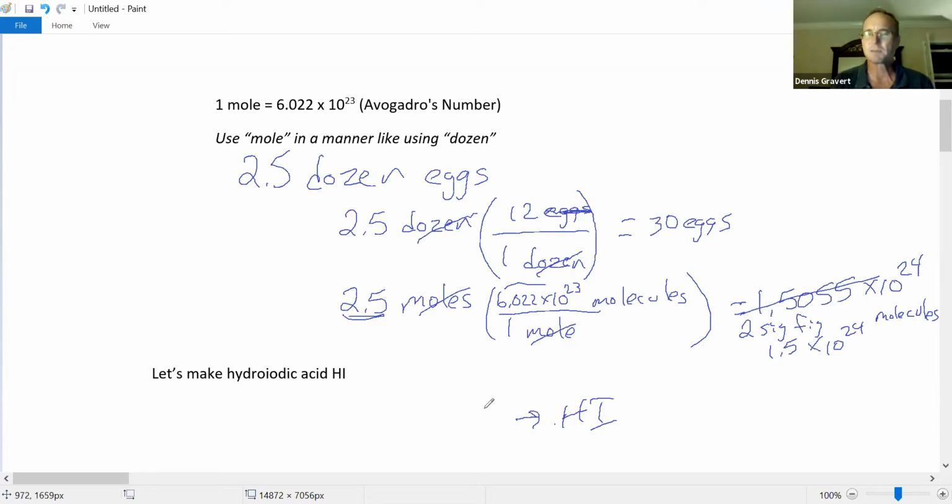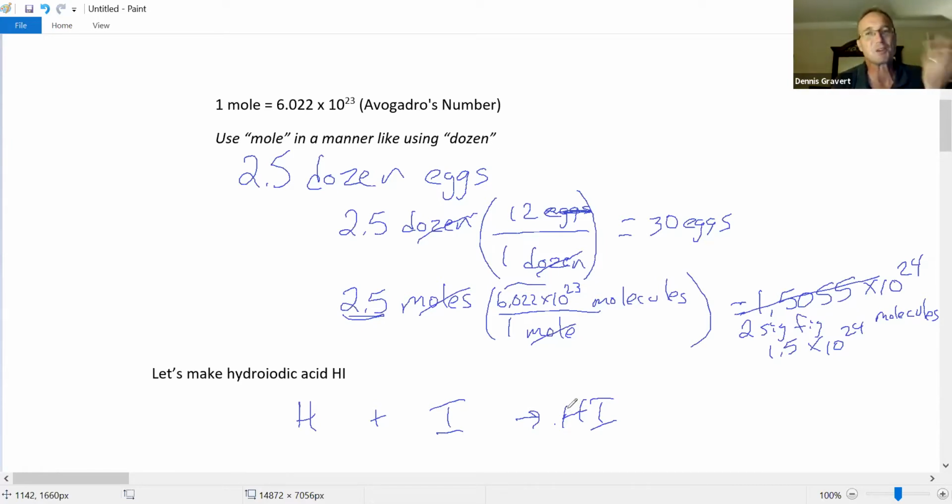So I wouldn't expect you to do this from scratch, but I'm just showing how general this is, right? So if we want to make this molecule HI, well, one way to make it is just from the elements. Let's go get some hydrogen and get some iodine. And guess what? This is not a good recipe. On paper or on the computer screen, it looks legit.